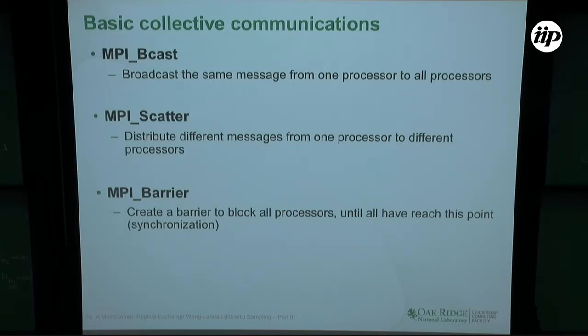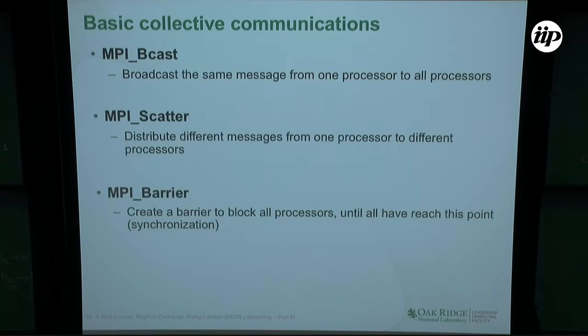So three very common function calls are here. One is MPI broadcast. MPI broadcast is basically what I'm doing. I am talking, and I broadcast my message to all of you. MPI scatter is a little bit different.